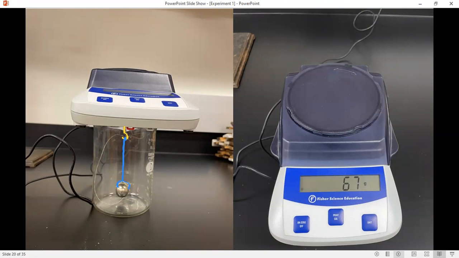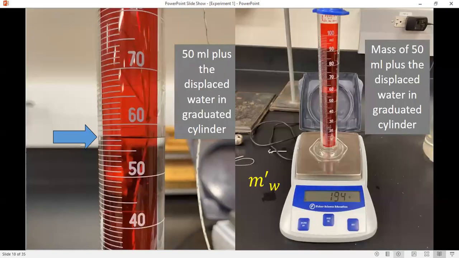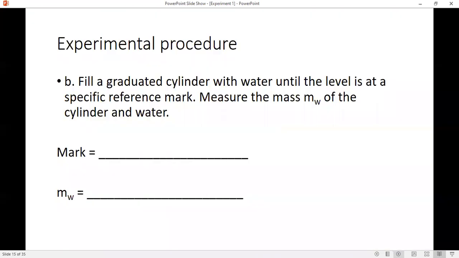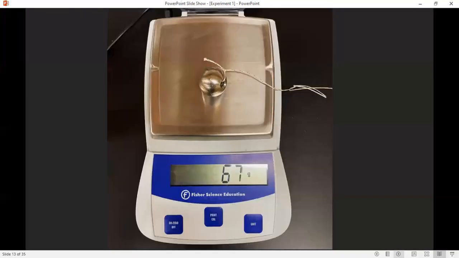And because there's no water there, that sphere is just hanging out right here. Okay, so I measure that mass. Okay, 67 grams. I actually measured this twice. Remember in the beginning, let me go back a few slides. All right, you see the 67 grams.